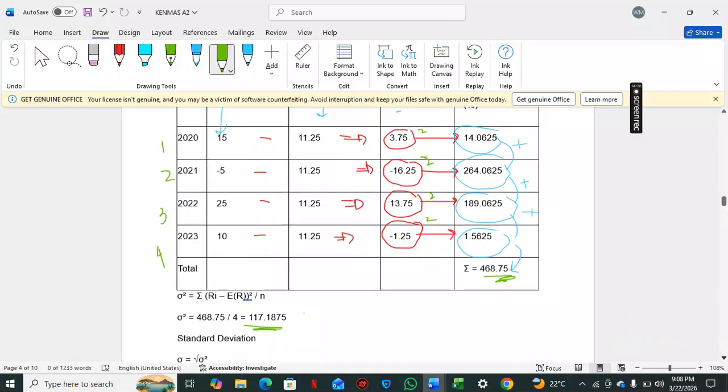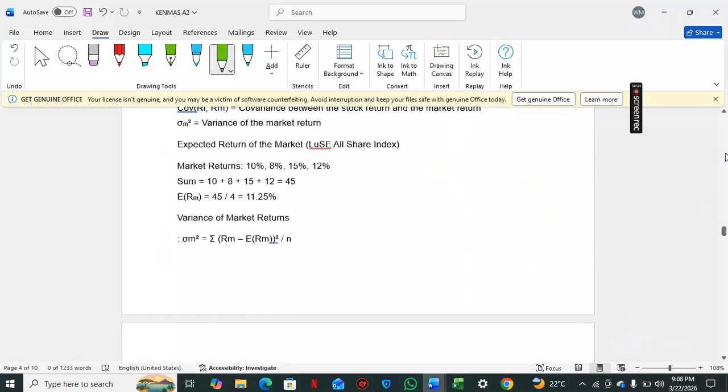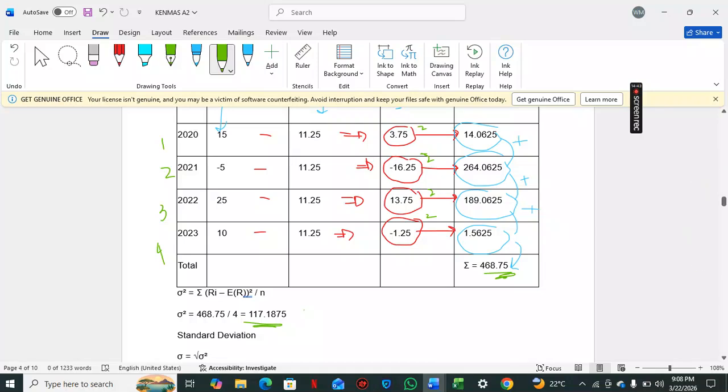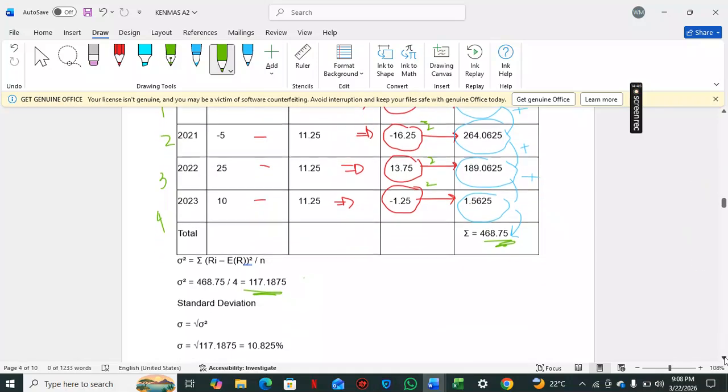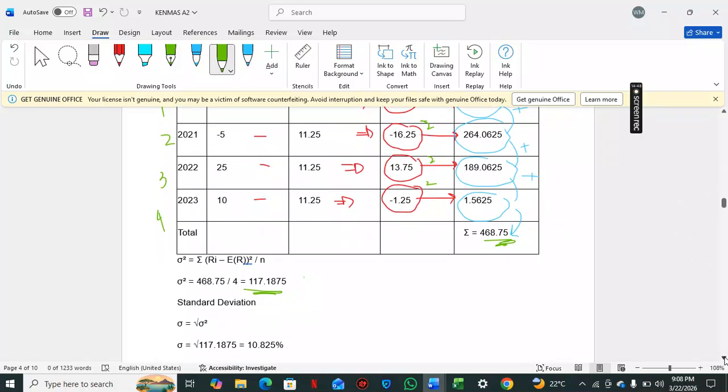Now the standard deviation is just the square root of the variance. So you get the square root of 117.1875. Square root of this is 10.825%. That is your standard deviation or your risk.